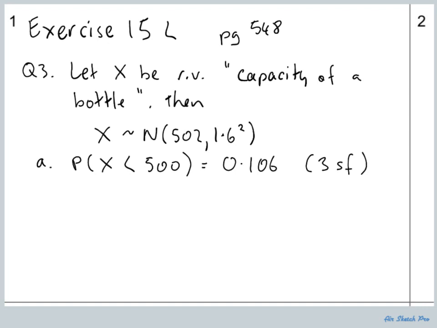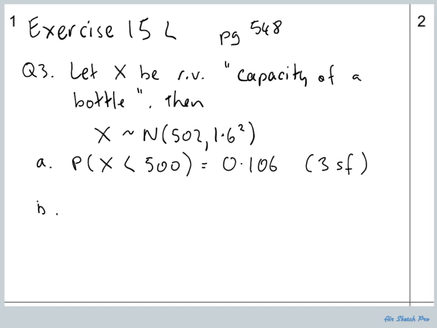Okay, part B. What proportion of bottles will contain between 500 mils and 505 mils? Now, the word probability is not there, but the proportion will be effectively a percentage, right?